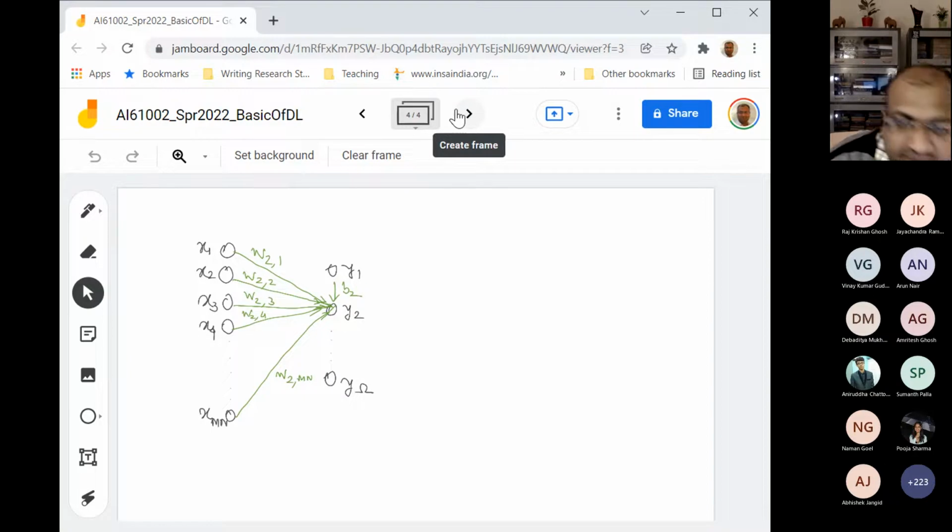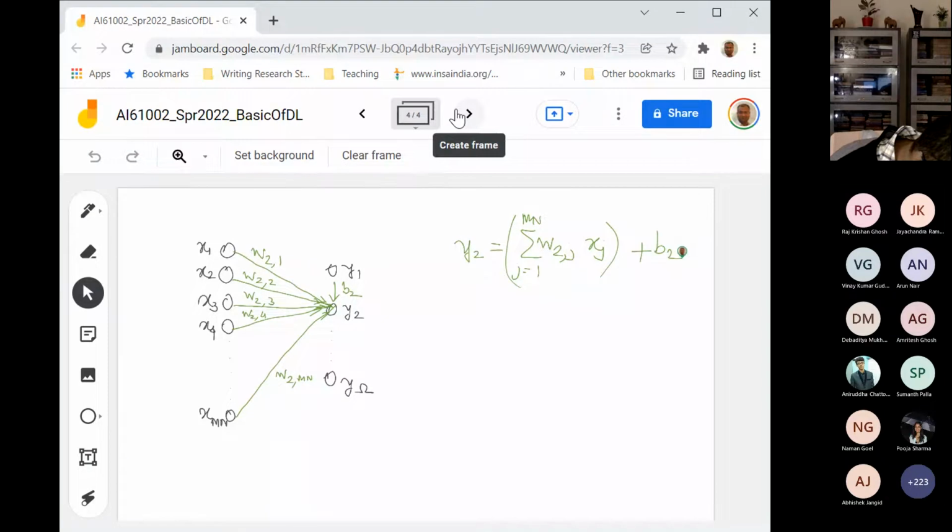Now accordingly, I will be able to write down Y2 is equal to the sum of W2,j times x of j, with the sum over j equal to 1 to m into n, plus a bias B2. Okay.